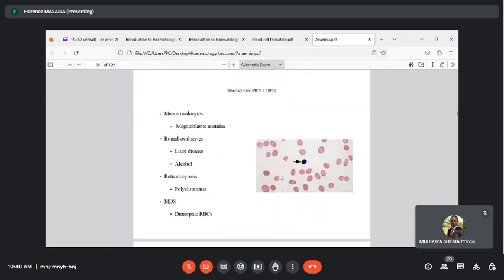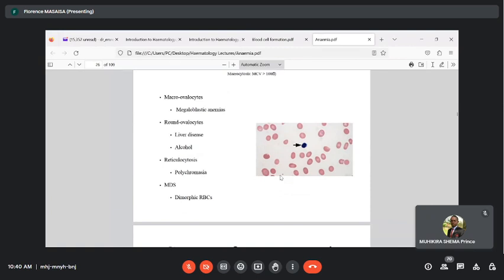Another condition you may see on the peripheral blood film is what we call macrocytic. The cells are bigger. They might be bigger and oval, like ovalocyte morphology, or they can be bigger but round. So we have macro-ovalocytes, which are seen in megaloblastic anemia. Megaloblastic anemia is usually due to deficiency of either folic acid or vitamin B12.